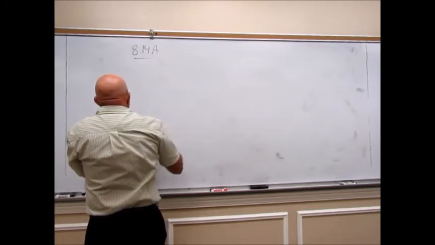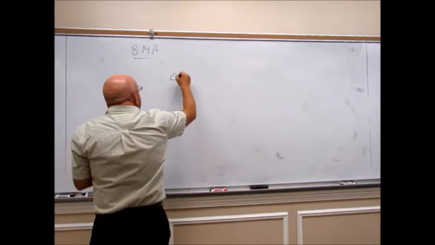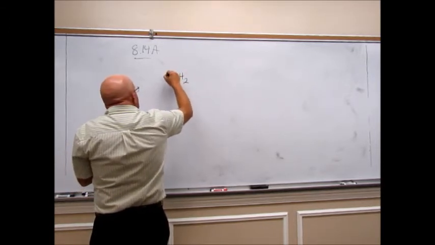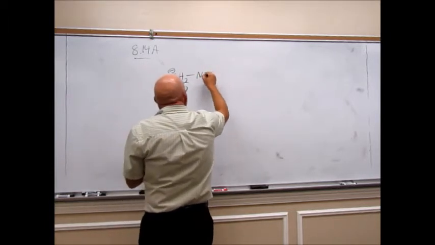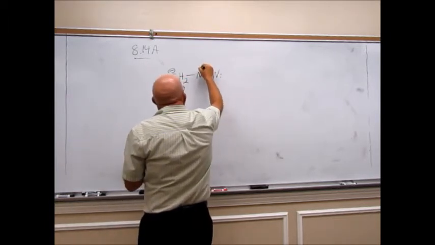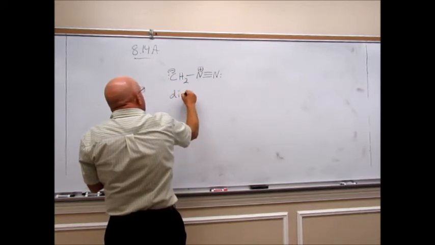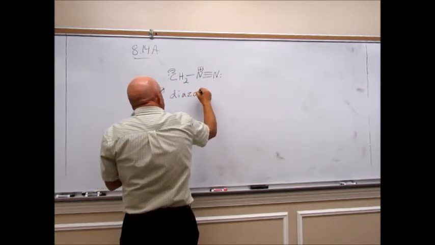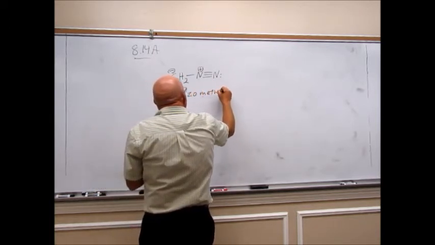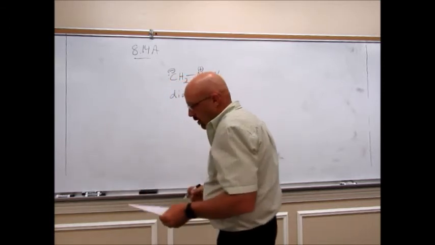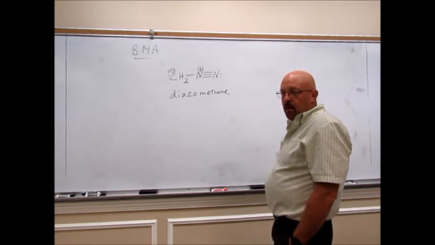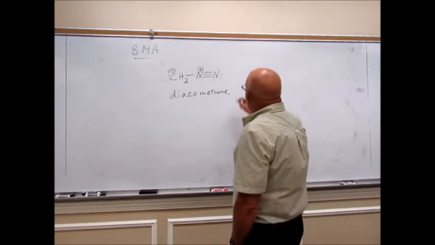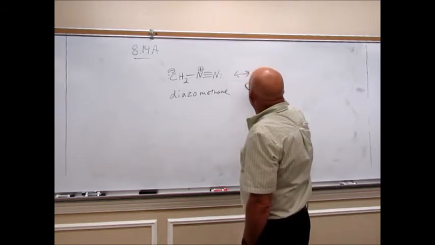One way to make a carbene is from diazomethane. This is diazomethane. Diazomethane is a stable molecule because it's got resonance. Let's just draw a resonance structure.